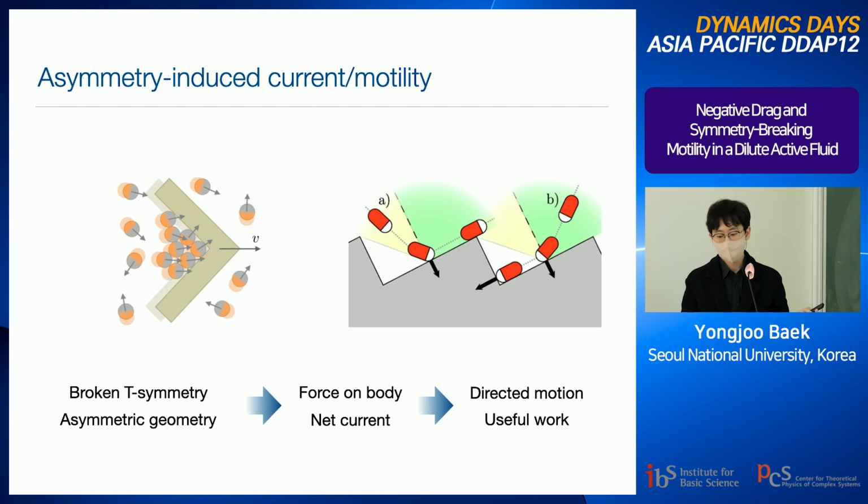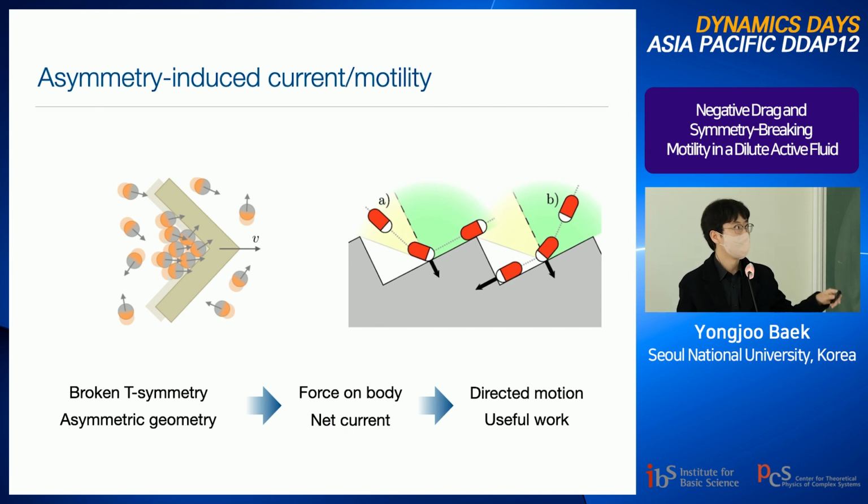If there are only passive Brownian particles around, then the pressure applied on this object is the same everywhere around the object. Therefore, this object doesn't show any persistent motion in any direction except for thermal fluctuations, like the Brownian particle. But when you have these active particles surrounding this object, then these particles tend to move in a straight line for some period of time. It doesn't change its direction for some period of time.